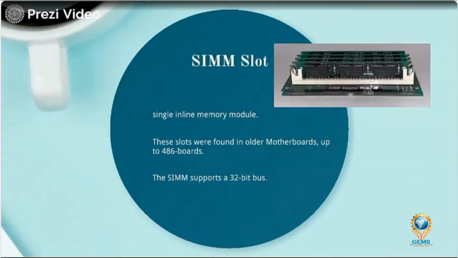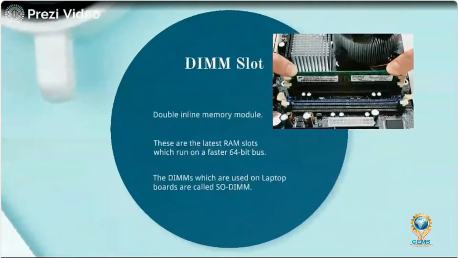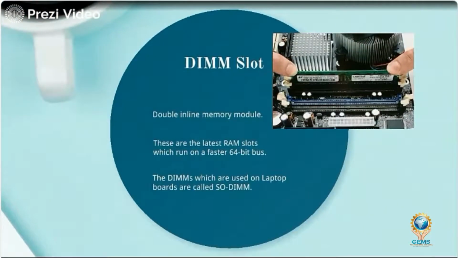Typically, SIMMs hold up to 8 or 9 RAM chips. And DIMMs are the modern slots that we know that run on a faster 64-bit bus, or now 128-bit bus is also coming.